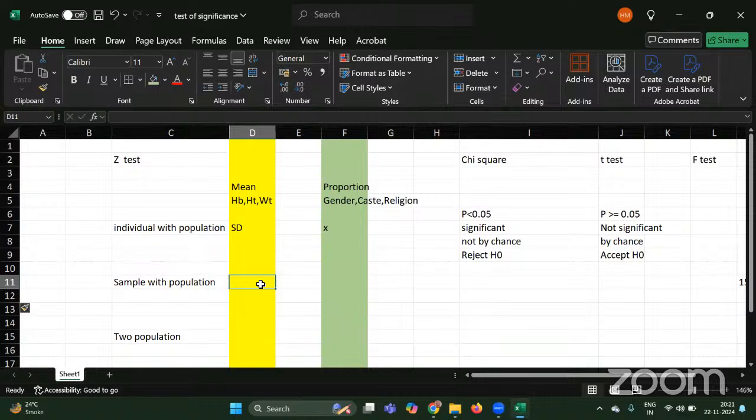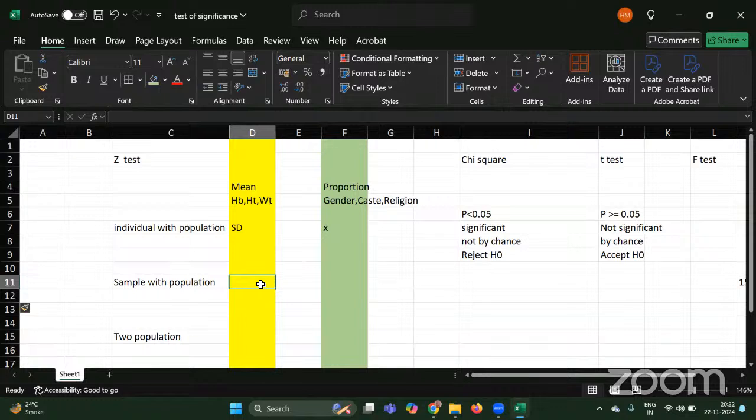Now we want to compare a sample with the population. When we compare a sample with the population, we have two questions in mind. Based on the sample, we find out the population parameters. Suppose we have the mean hemoglobin level of the sample. Based on that, we can find out the mean hemoglobin level of the population. Otherwise, if a population mean is there and a sample mean is also there, then we can find out whether the sample is representative of the population or not, or whether this sample belongs to the population or not.